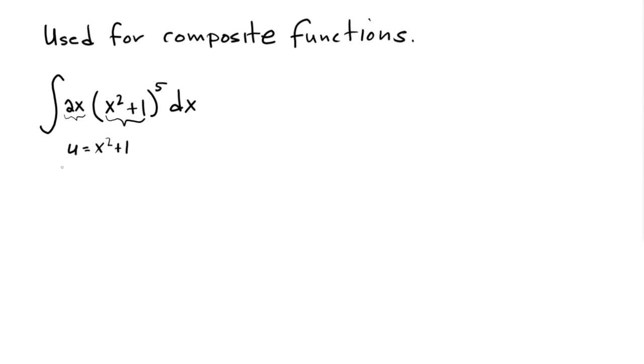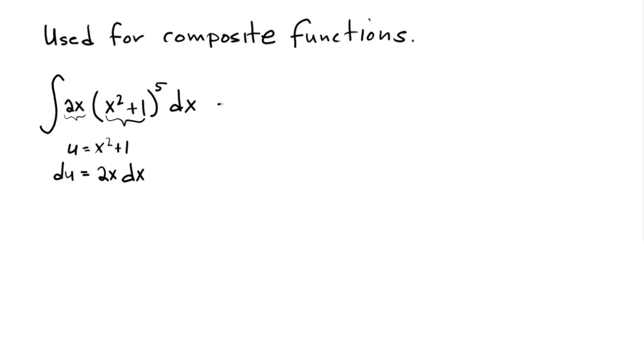Now I take the derivative of u, and again I'm going to use the differential notation because we are doing antiderivatives here. The derivative of x squared is 2x, of 1 is 0, and then dx, because differential notation.